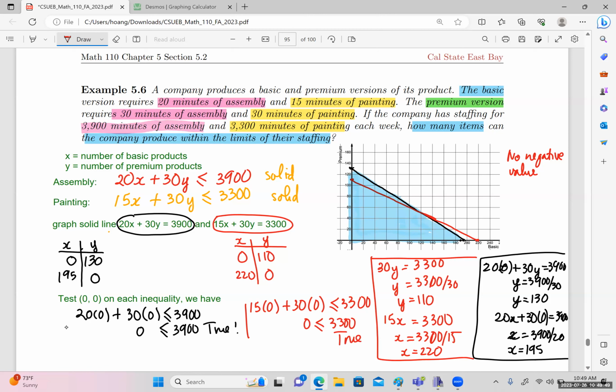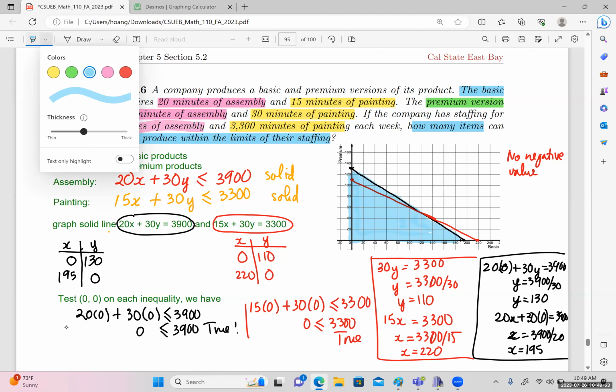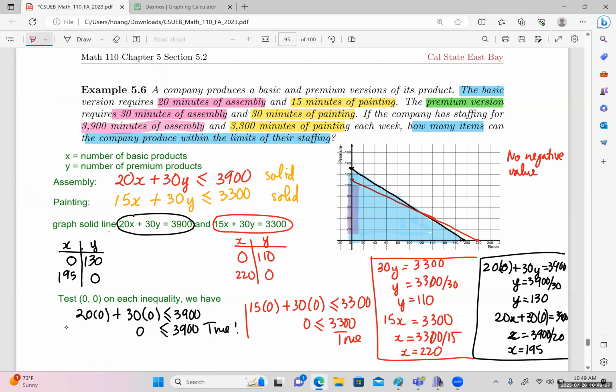So that means you will have to shade the area under the red line. Okay, so the overlap shaded area will be the solution.